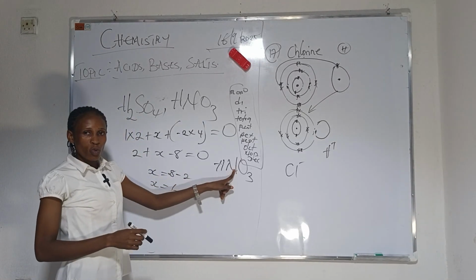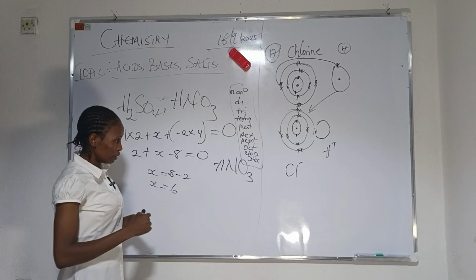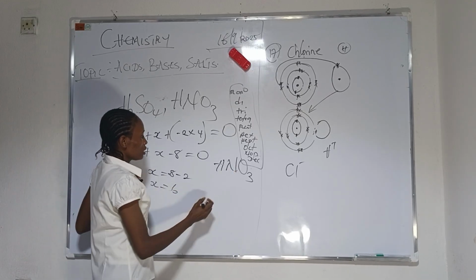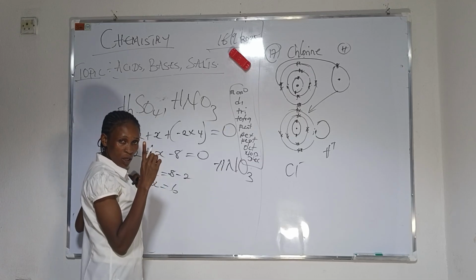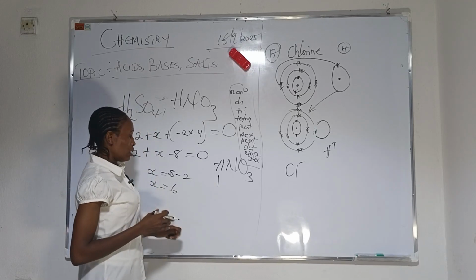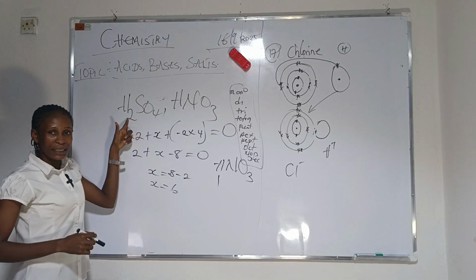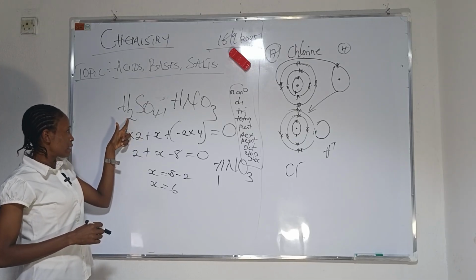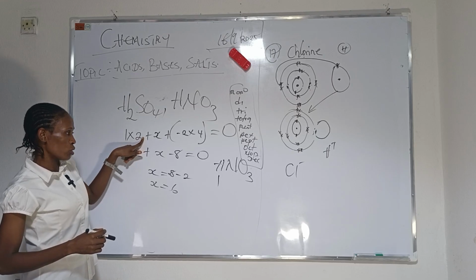Coming back to where I was. This is hydrogen having oxidation number of what? 1. I'll write it. Is there any subscript here? No. Remember, the first one I did, because I am having subscript, I did 1 times what? 2.